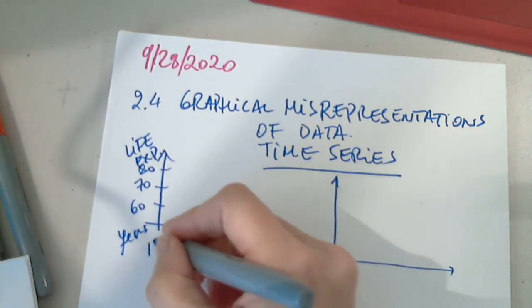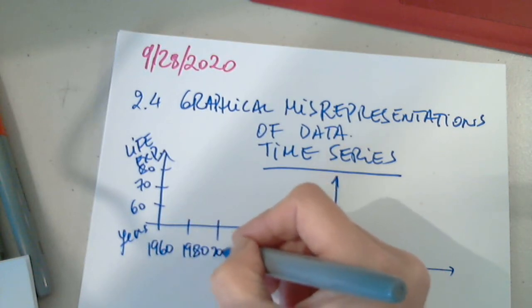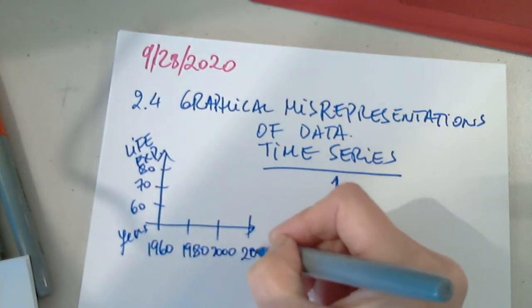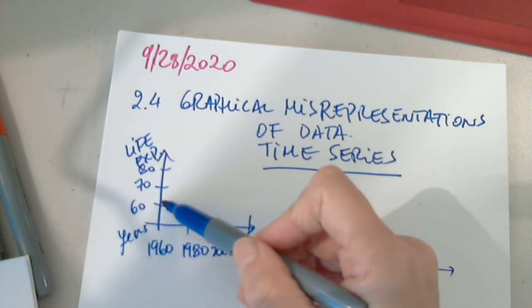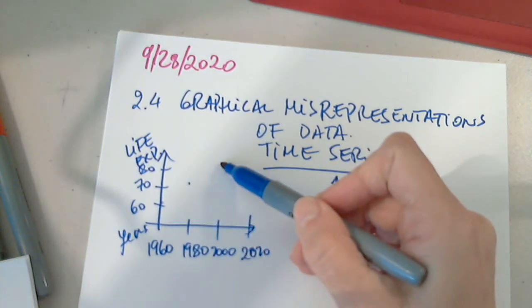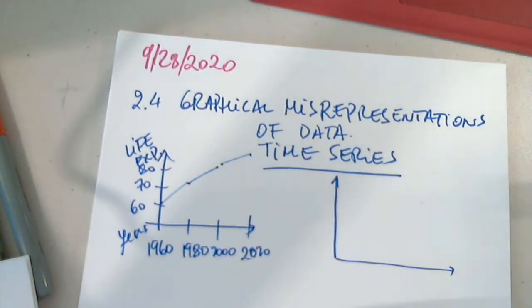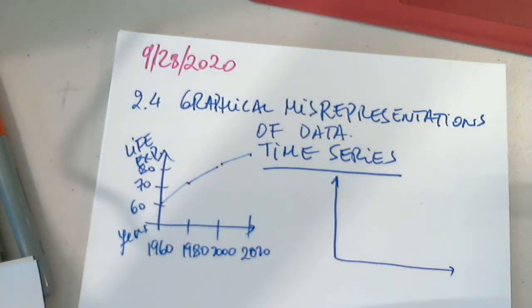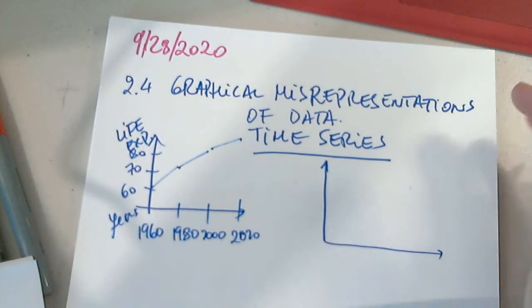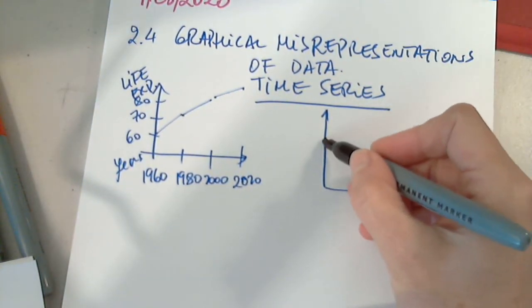And we can present, let's say, 1960, 1980, 2000, and 2020. And I can present something showing that it really increases so much, so fast, like from 60 years old to, I don't know, a huge number. But actually, the graph should have been something like this.